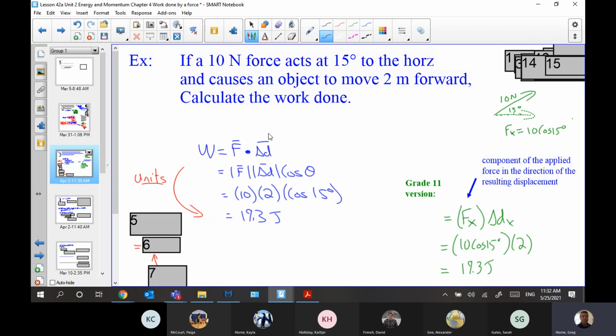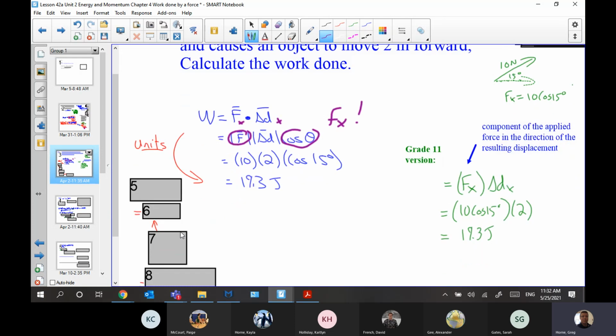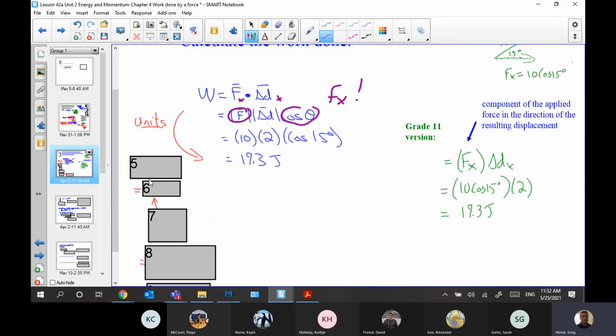Or in grade 12, maybe you don't talk about the component idea as much, but absolutely I prefer you do. Like, this is still Fx, right? Goodness sakes, it's Fx and it's delta x, and why would we pretend that doesn't exist? Why do some people, I should say.